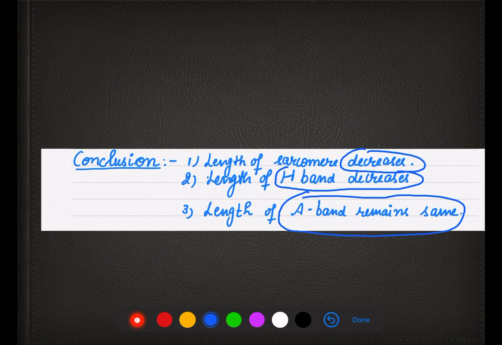So here basically what is happening, the two more points you need to understand here, that actin filaments pull towards the center. Right, they are pulled towards the center.